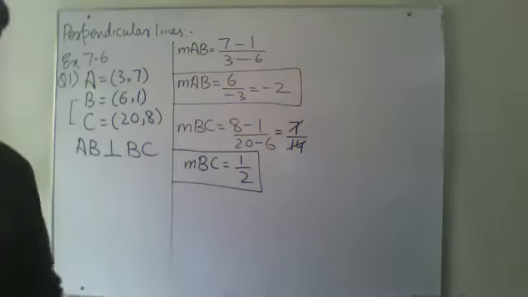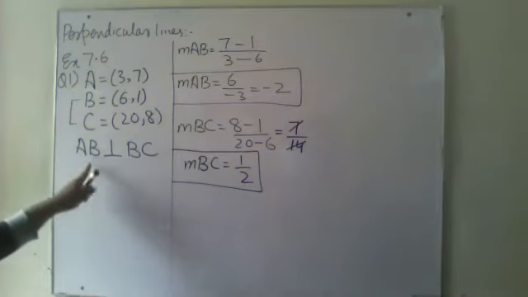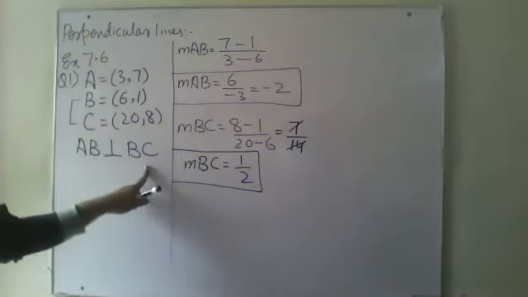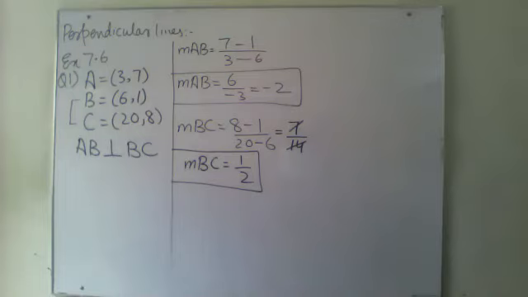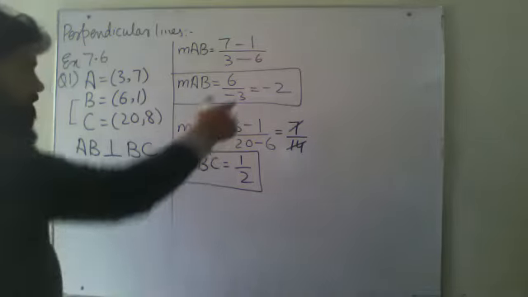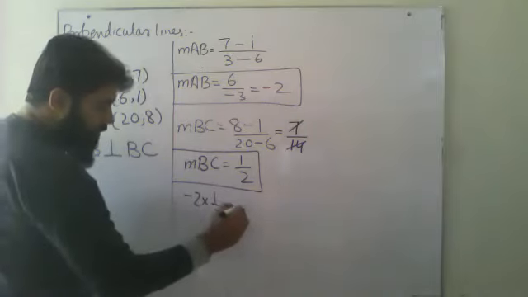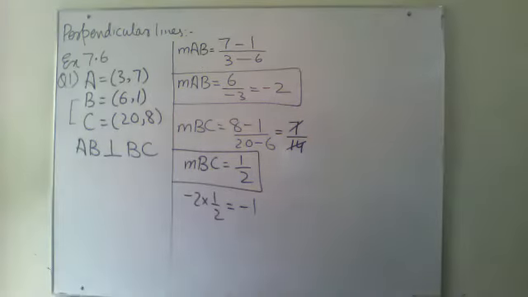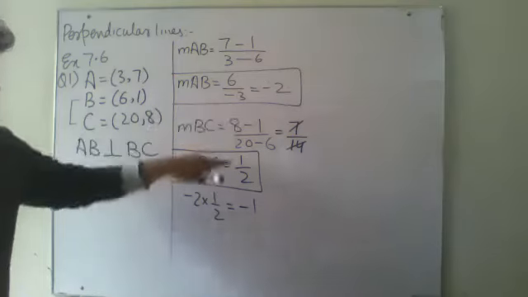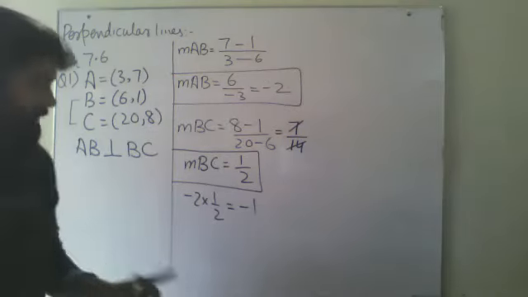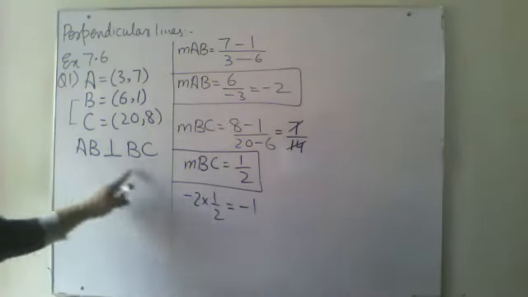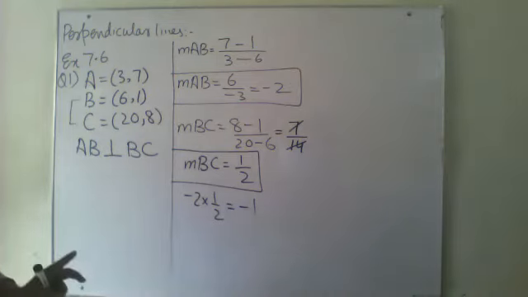Now, how can you find out that this one is perpendicular to this one? We have two methods. First of all, multiplying minus 2 by 1 over 2, the result is minus 1. I have multiplied both gradients and the result is minus 1. It means both of the lines are perpendicular to each other.